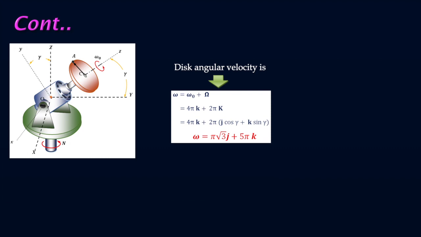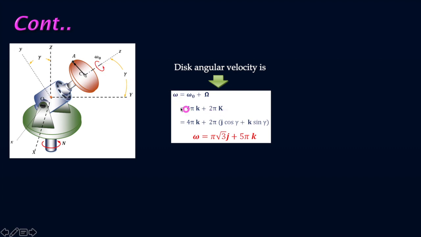Now we will try to find out the resultant angular velocity of the disk. There are two angular velocities, omega 0 and capital omega. The value obtained is 4 pi k and 4 pi k.